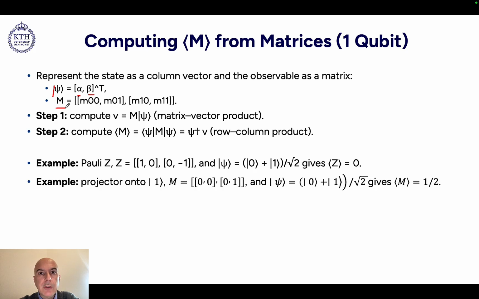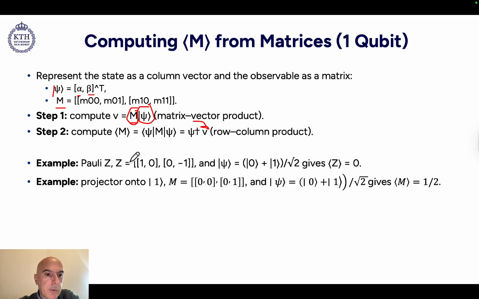In order to calculate the expected value, we apply two steps. We first calculate V, applying the matrix M corresponding to our observable to the quantum state. This corresponds to a matrix-vector product. And then we take this output and calculate the inner product with psi. So this is just a row-column product.